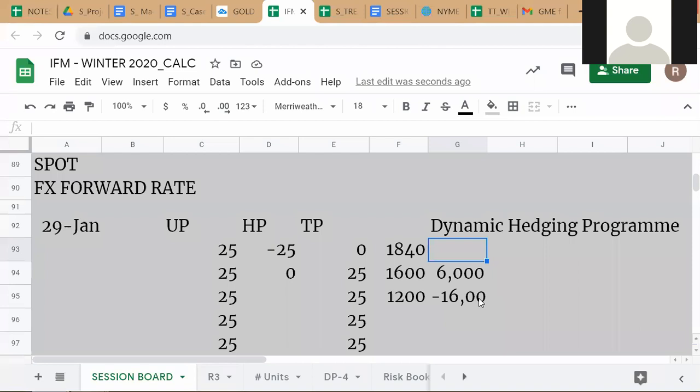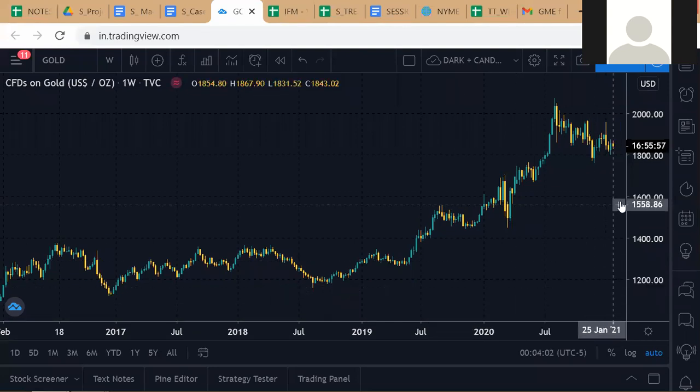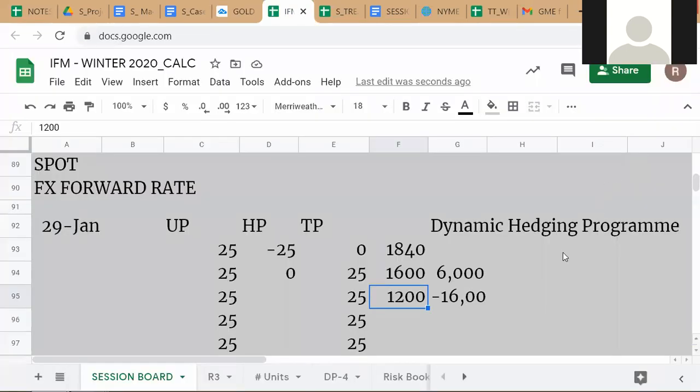All right. So I've had a long discussion on this. This is what happens if it drops to 1200, this is the risk of doing an active dynamic hedging program. But if it doesn't happen, if your view is correct and it goes to 1775, then you can redo the calculation. You again hedge at 1775.